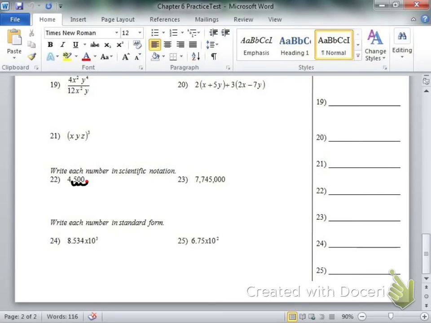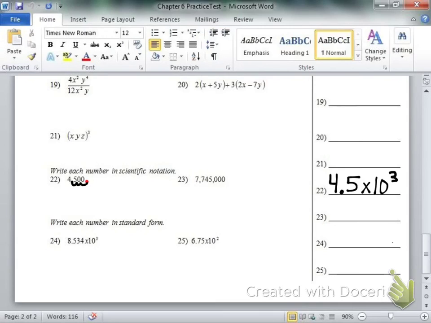Then you rewrite it. So I have 4.5. You don't need all those zeros anymore. They're not important when the zero's after a decimal. It's not necessary to write it. So I have 4.5 times 10 to the however many jumps you made. We made 3 jumps, so it's to the 3rd power.